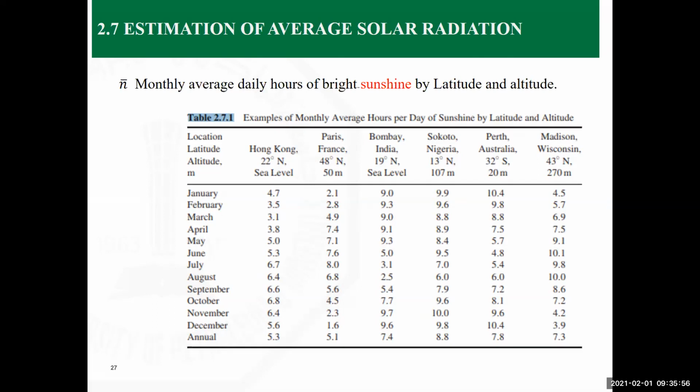So for the whole year, between January and December, and then an annual average is being given there. Here it is providing us with small n bar, which is the monthly average daily hours of bright sunshine according to latitude and altitude.